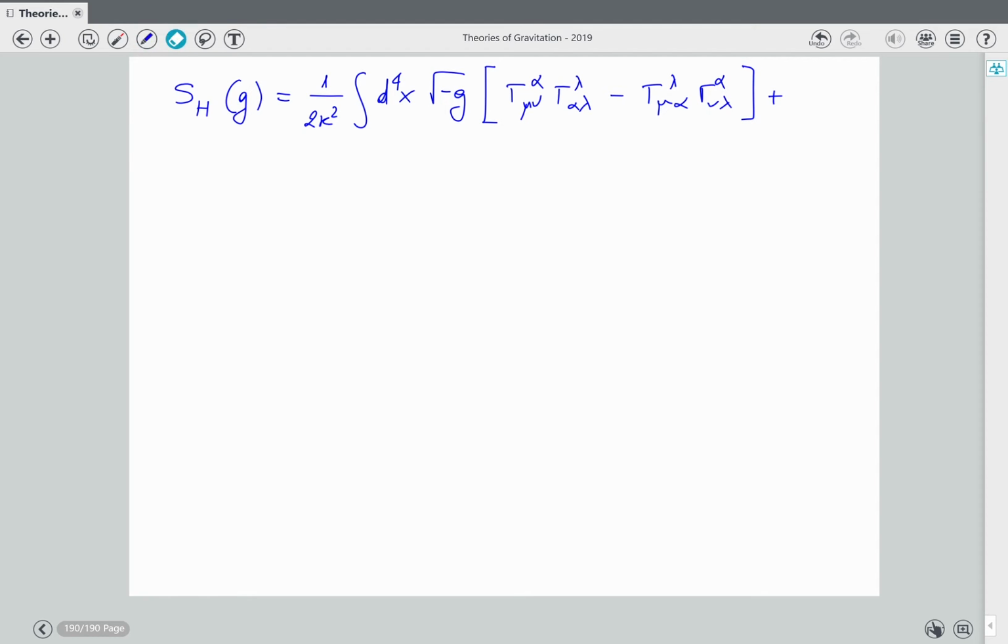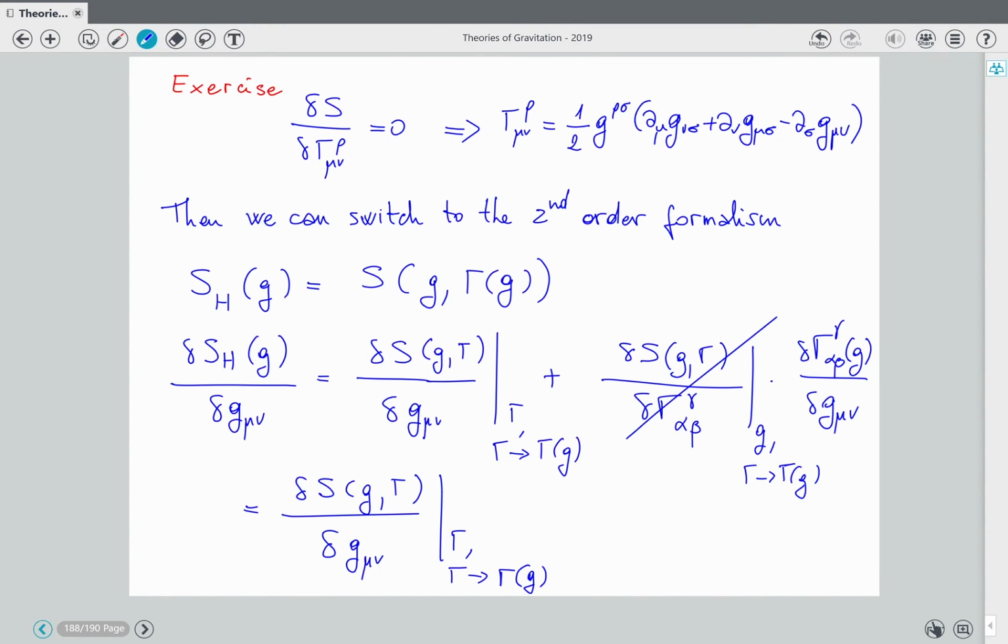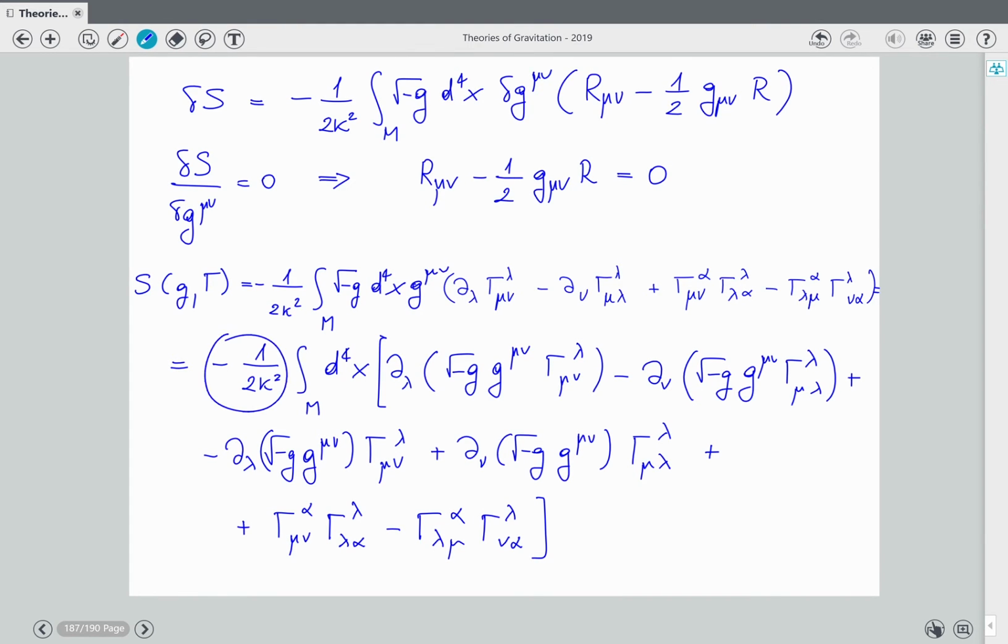Plus the boundary term, which we write in a certain notation, just to simplify it a little bit. We write it like this: d partial lambda w lambda. Let's see what w lambda is. We just read it from the expression here. So minus 1 divided by 2k squared, we leave it out. So partial lambda acts on this. And then here we just need to change the notation for the indices to have lambda.